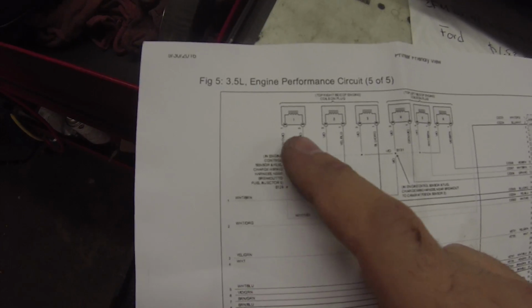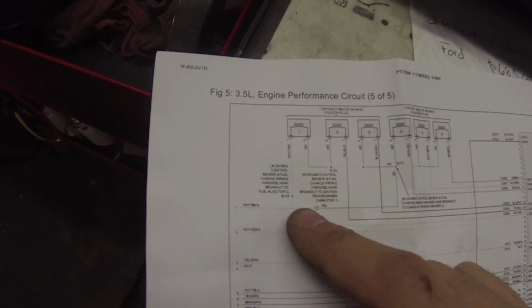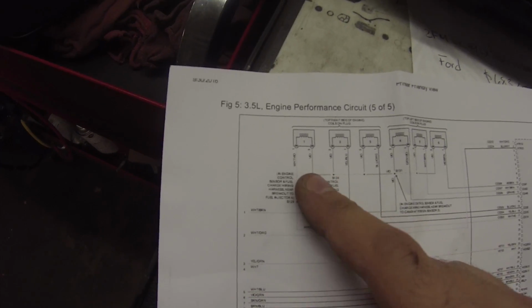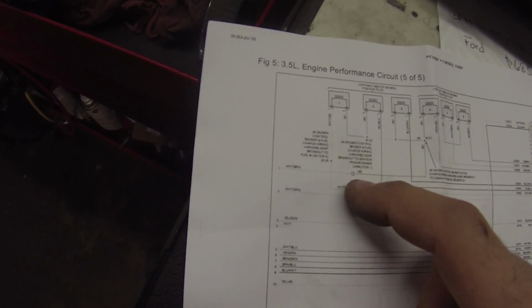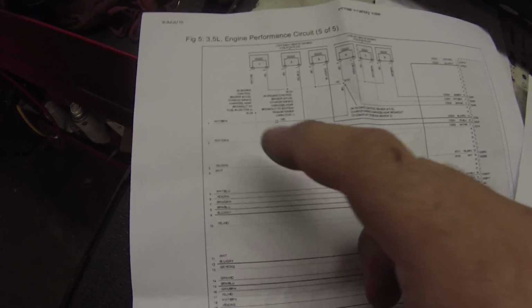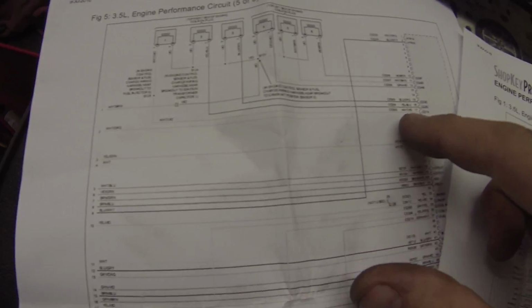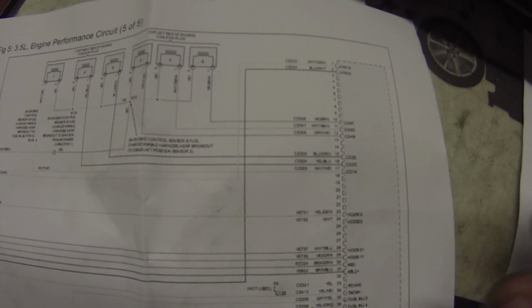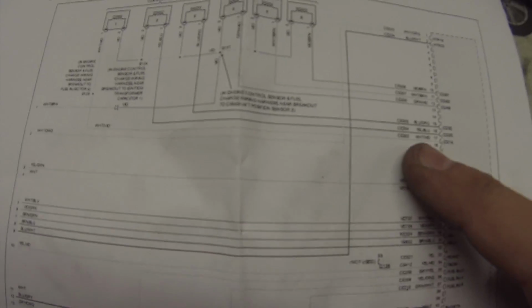So we have 2 pins, pin 1 and 3. The violet is the shared fuse. And there is a white and violet that goes over here to the PCM. And it gets a ground through the PCM, so that's what we need to check.